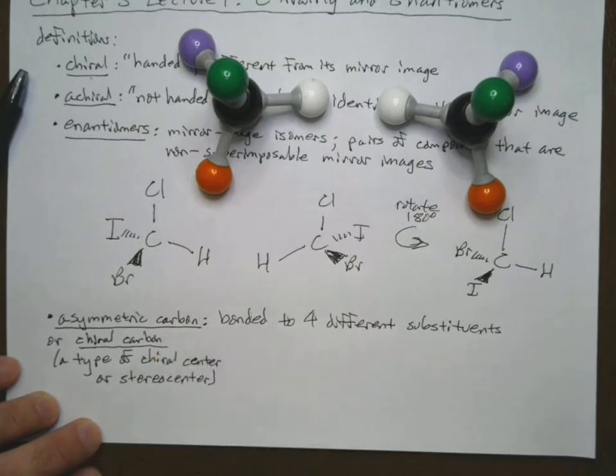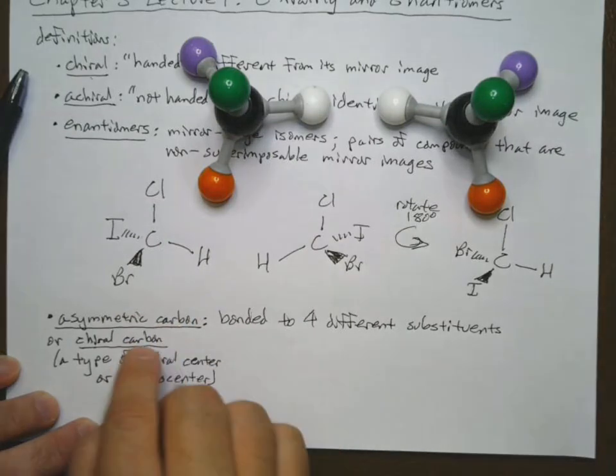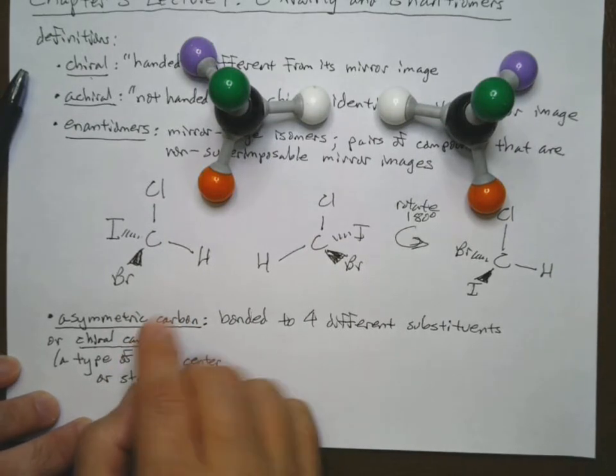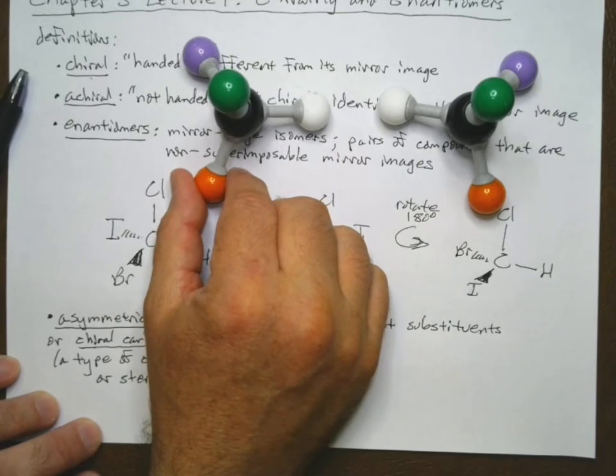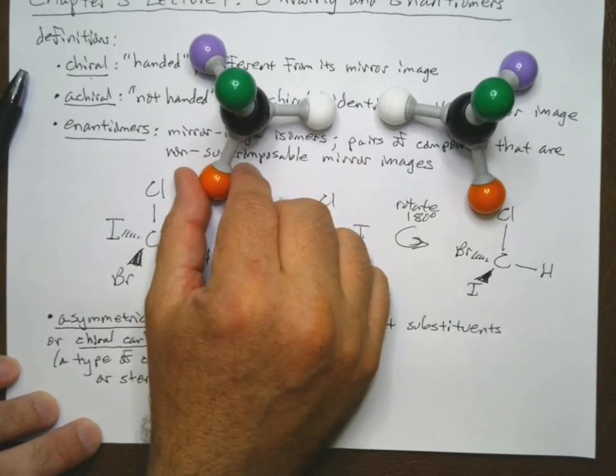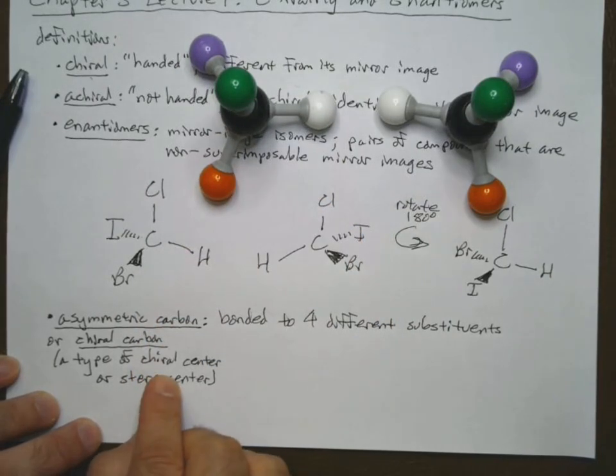We'll look at some examples of molecules that contain chiral carbons, but the molecules themselves are not chiral. So containing a chiral carbon is not a determination of whether the molecule is chiral. If you have no chiral carbons, your molecule is probably going to be achiral, not chiral.